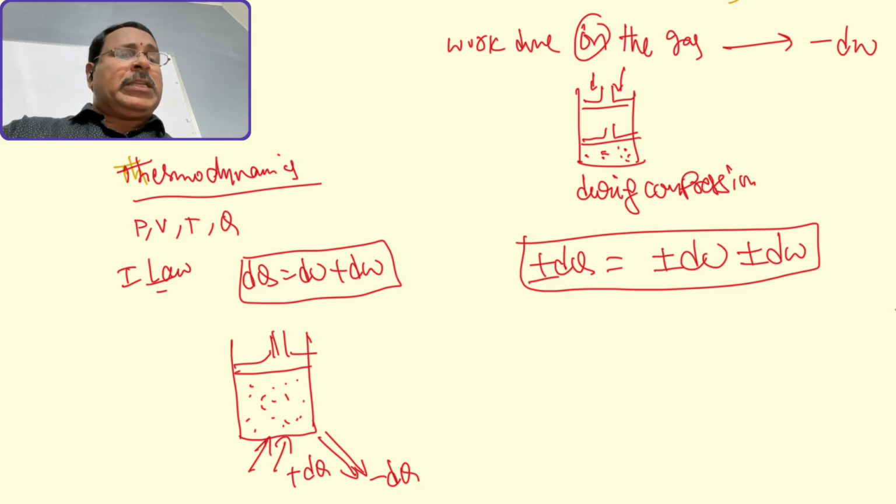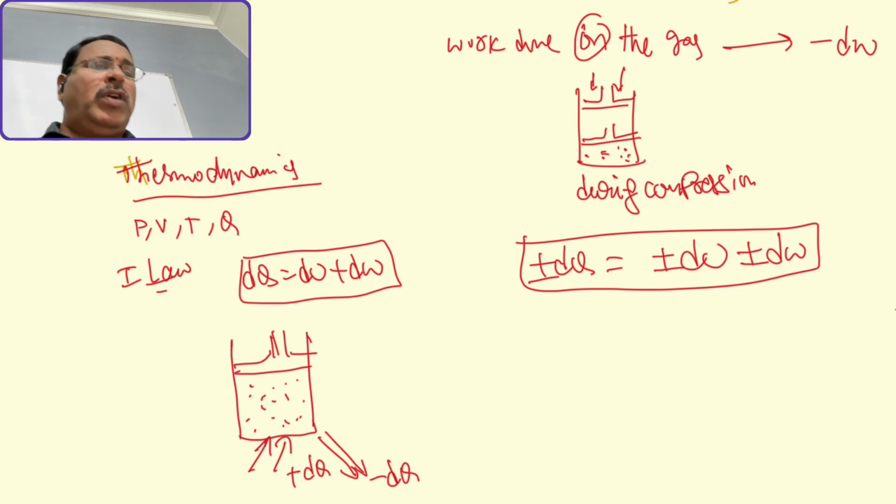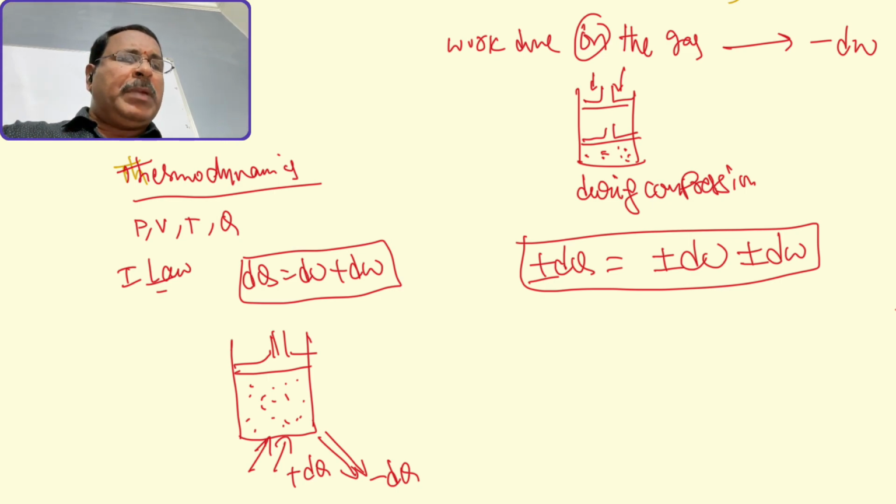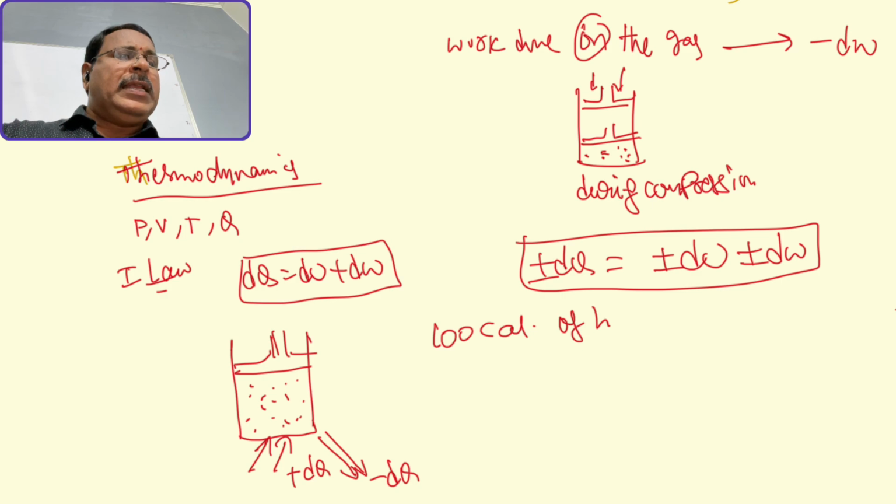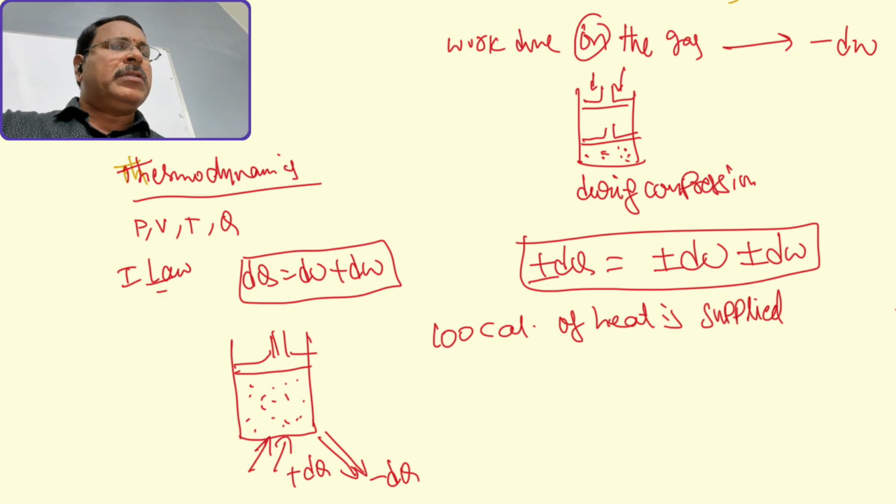Now, in the next concept, we are discussing work done. So, for example, 100 calories of heat is supplied. In examination, they may ask like this. One example I am giving based on the first law of thermodynamics.